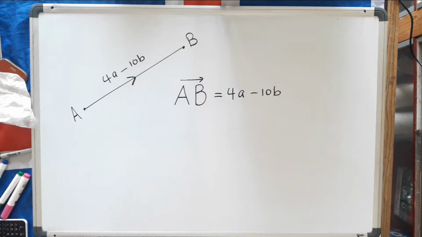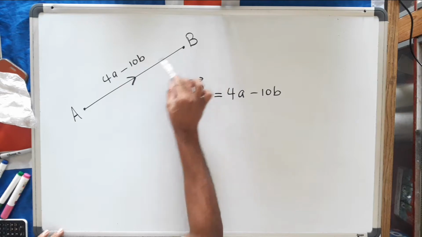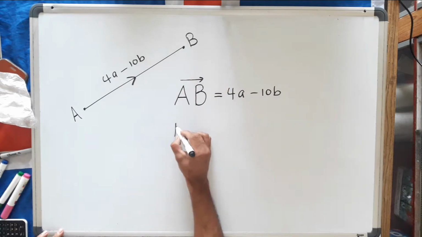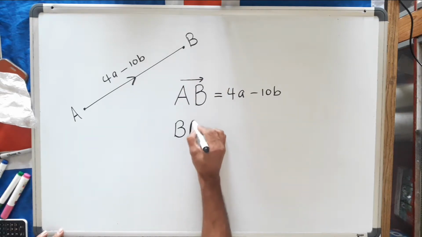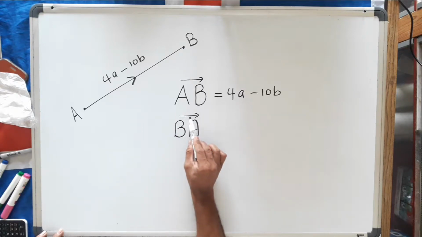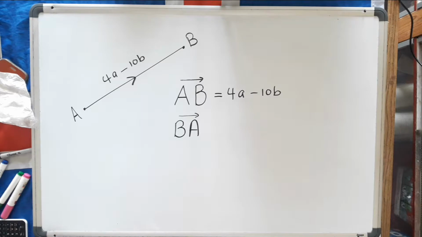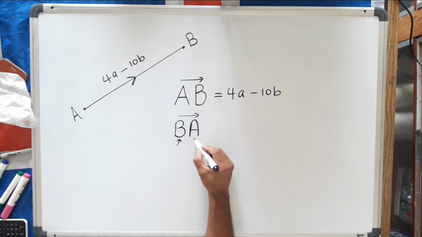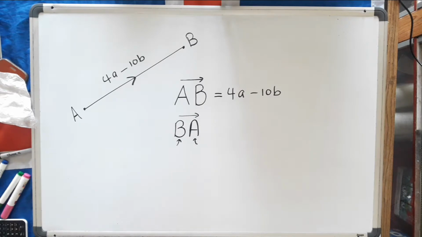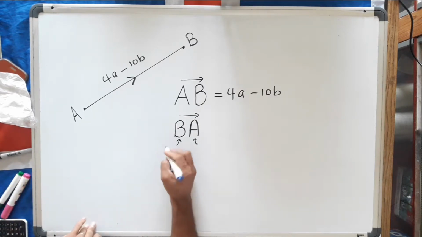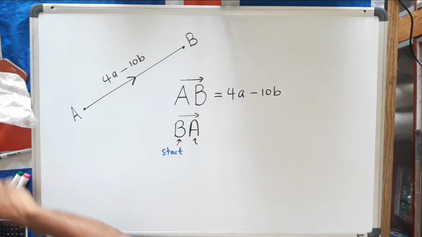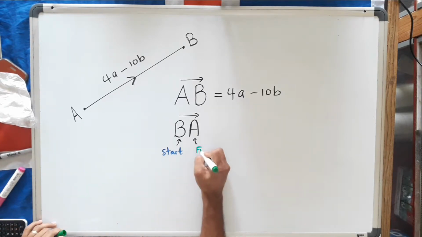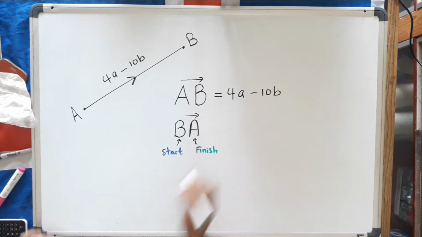So if you are walking from B to A, you have to put B first and then A, and the arrow on top just represents the word vector. Vector BA. The first letter is your starting point. The second letter is your finishing point, always. So the first letter is your start, and the last letter is where you will end up.